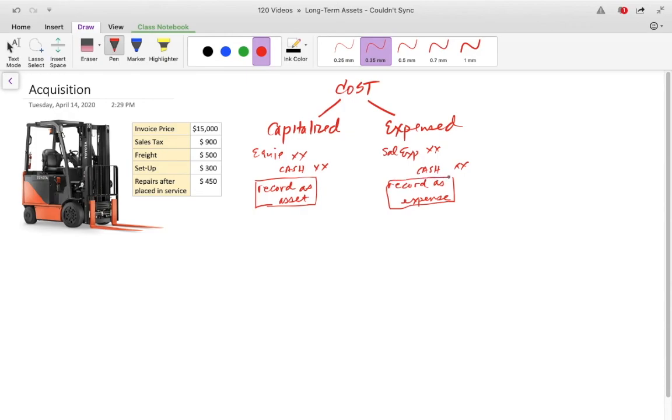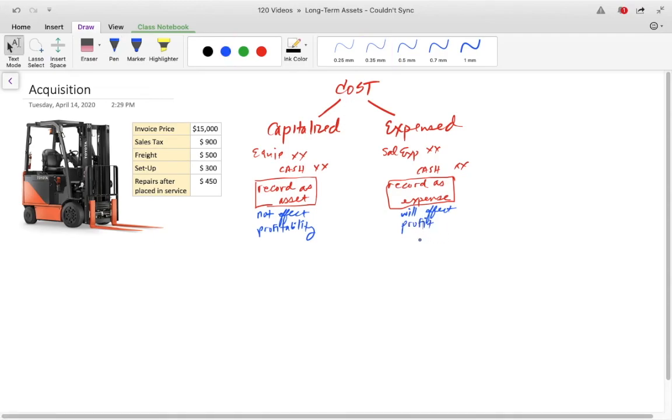Now, why does this matter? Well, if we record a cost as an asset, what isn't it going to affect? It's not going to affect profitability. Right? If we record it as an expense, it will affect profitability.